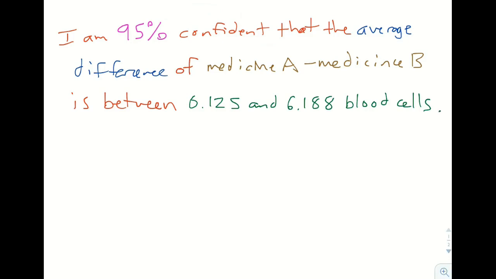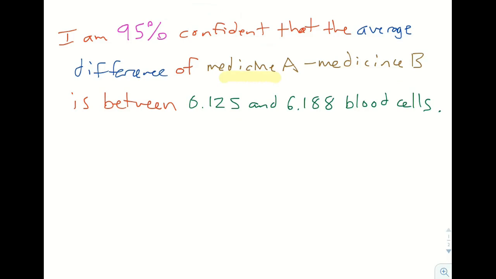And so again, if we take a step back and look at this, 95% is how confident we are that this answer that we gave down here is going to be accurate, that it's going to be truly the difference between them. We don't say the difference between the average of medicine A and the average of medicine B, because we don't average these separately.